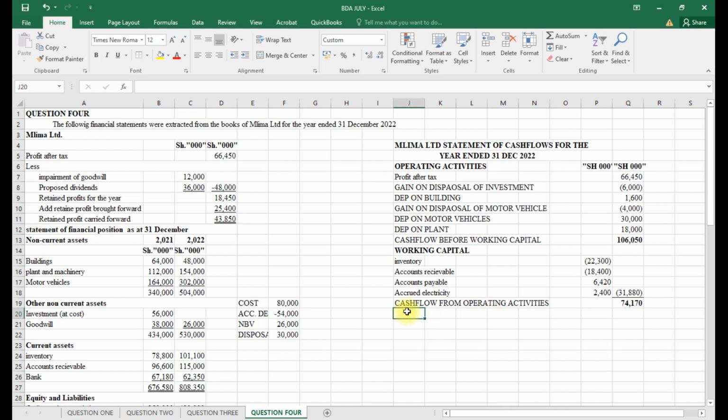Then we'll go to the other part for investing. Investing activities. I'll bold that again, and under investing activity we shall start with the disposal proceeds.